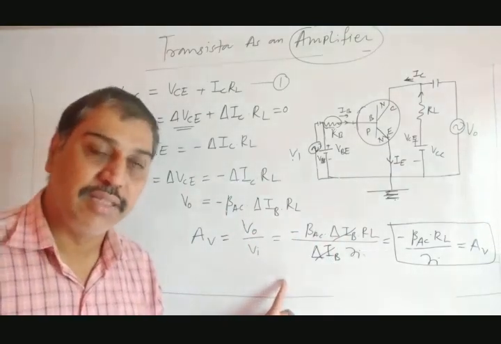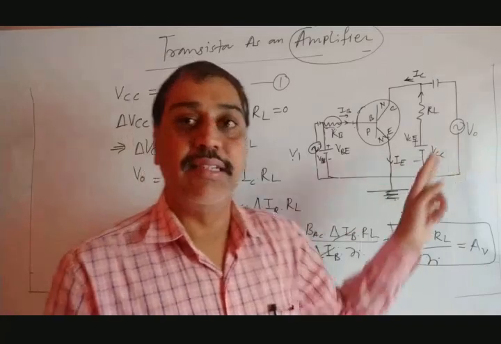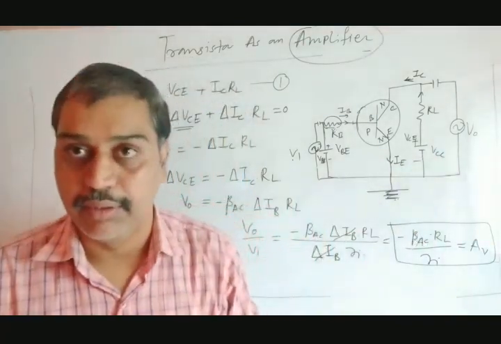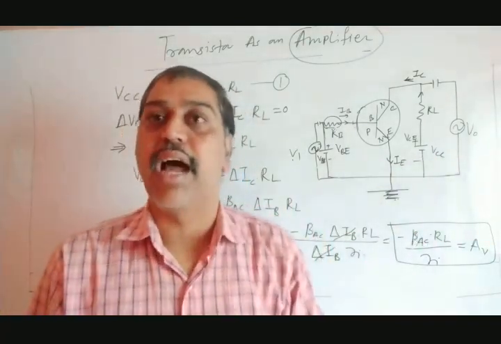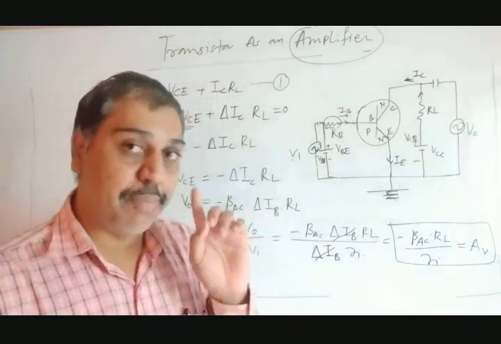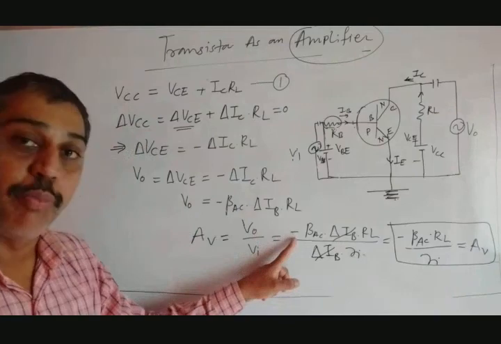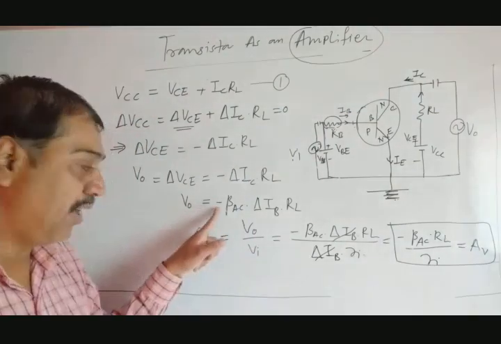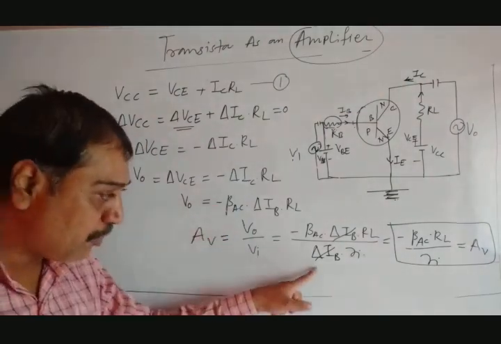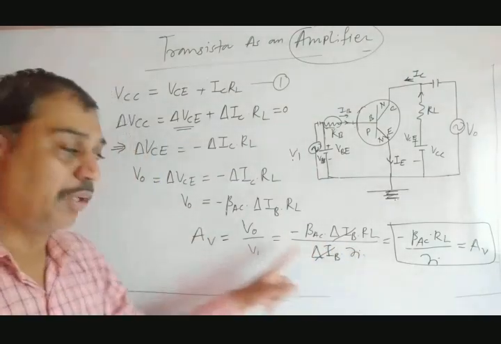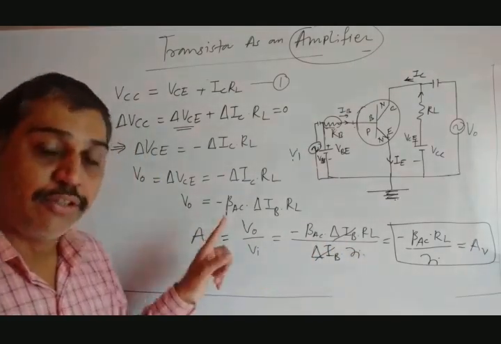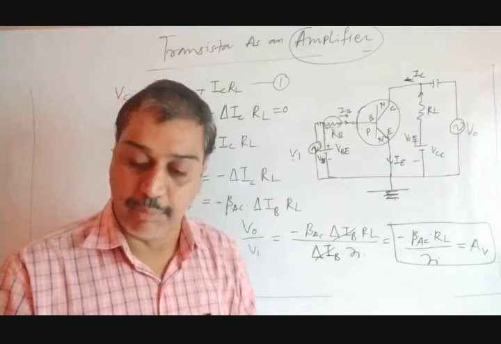What does it mean? Output voltage is out of phase with the input, and that point was shown by this negative sign. Input applied is positive, but still we are getting the output as negative, so output is out of phase with the input.